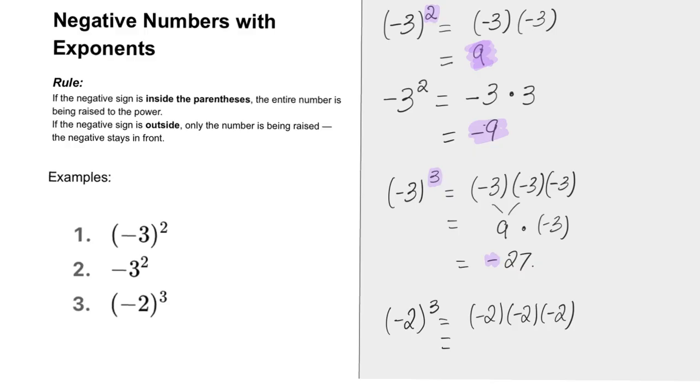Before I write the answer down, try and guess, are we going to end up with a negative number as an answer or a positive number? So -2 times -2 equals 4, and 4 times -2 will equal -8, and it will be a negative number.